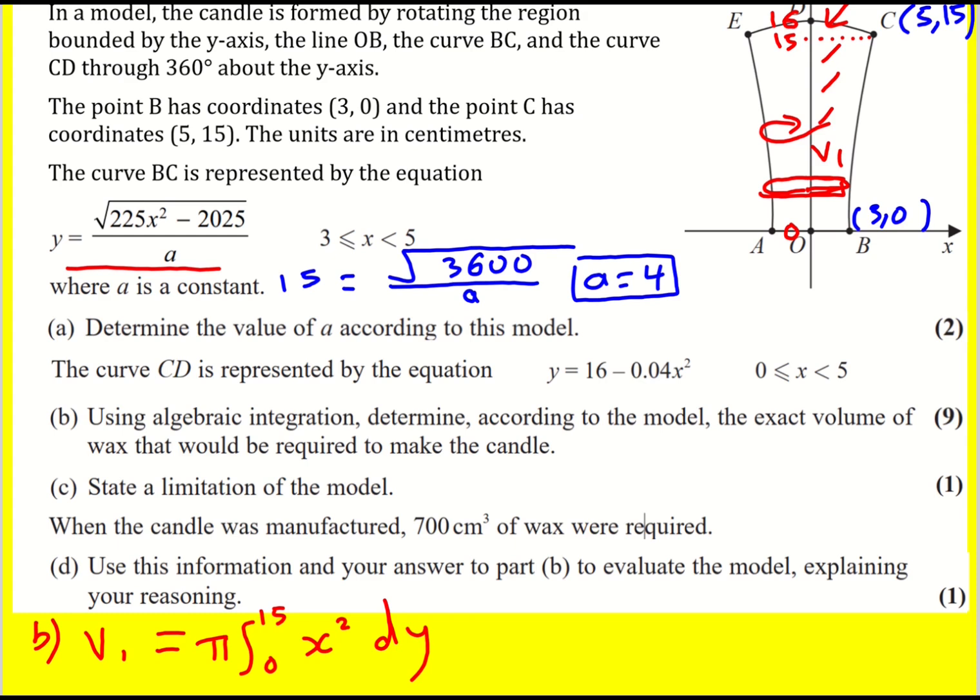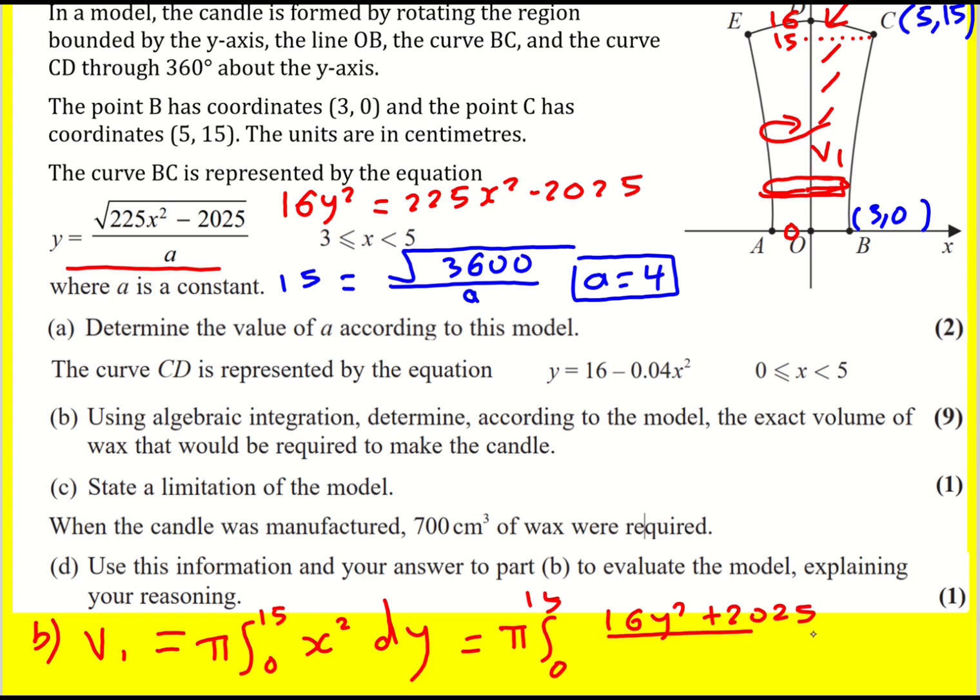And that is going to become, well, remember a is 4, so I'll get 4y equal to the square root. Then I can square it, so I'll get 16y squared equals 225 x squared minus 2025. So then I need to add on the 2025 and divide by 225.